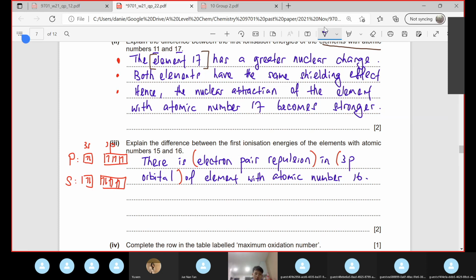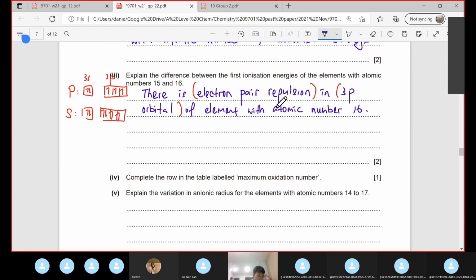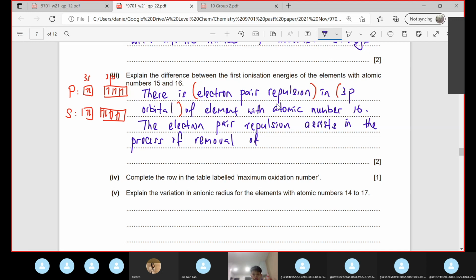Okay, so I will advise you to write down this phrase: the electron pair repulsions assist in the process of removal of electron. Removal of electron basically is the ionization process.